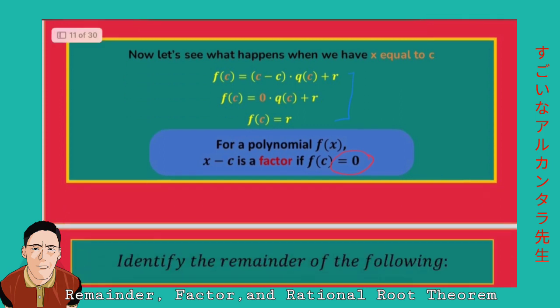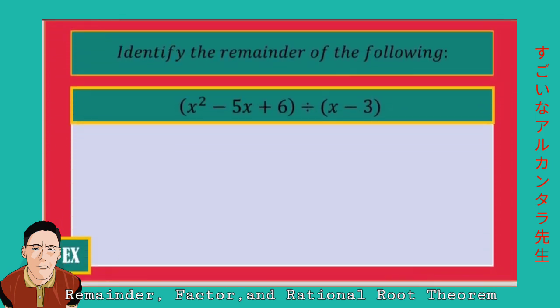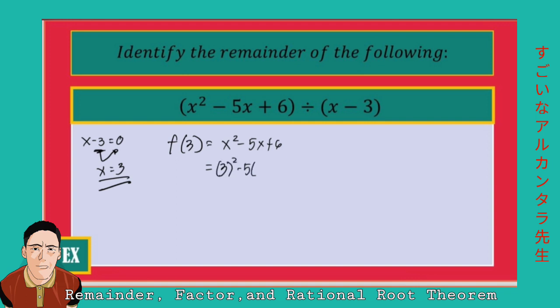So to make this simple, let's apply the factor theorem for this given example. Same case with the remainder theorem. We go with our given, x minus 3, equated to 0, transpose negative 3, our x is equal to 3. Now that we have identified that, we can work on our function where our x is 3, and we substitute that to our given. Doing so, we're now going to have 3 raised to 2 minus 5 times 3 plus 6.